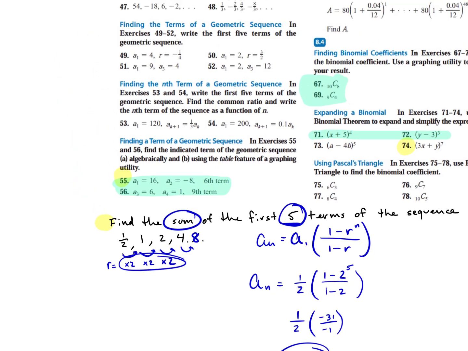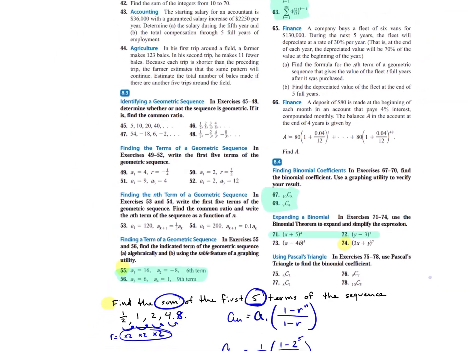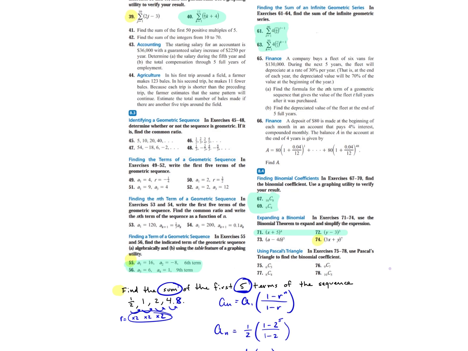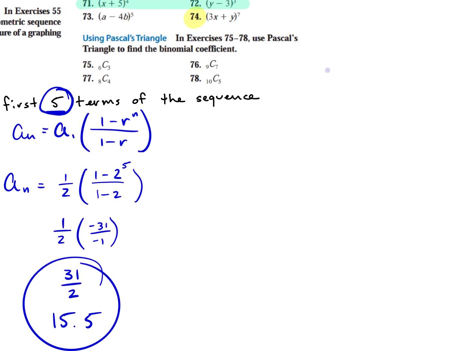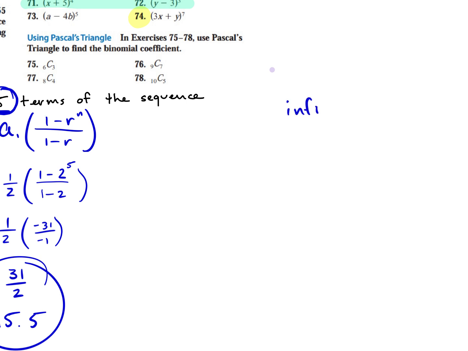All right, there's a few more on this page that I want to practice. Zoe, how do you know whether to use which formula? Because there were 2, finite and infinite. So infinite would be if it asked for the sum of the infinite terms. If it was infinite, it will either have the little infinity symbol on the sum, or it'll probably say in the directions, find this infinite sum.